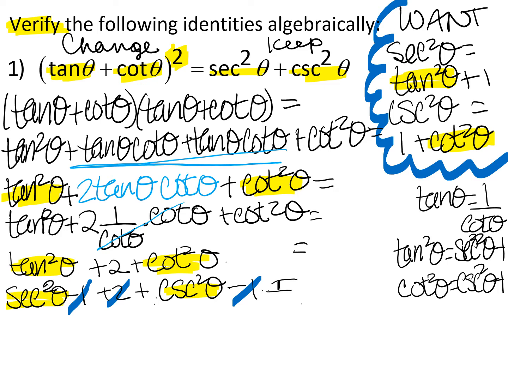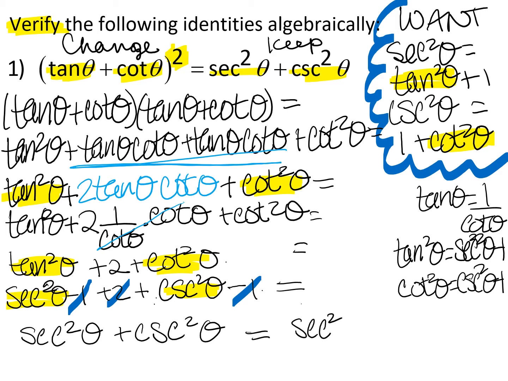Actually, let me erase that, it looks really ugly. Which was secant squared theta plus cosecant squared theta. Bring that other side down, equals secant squared theta plus cosecant squared theta.